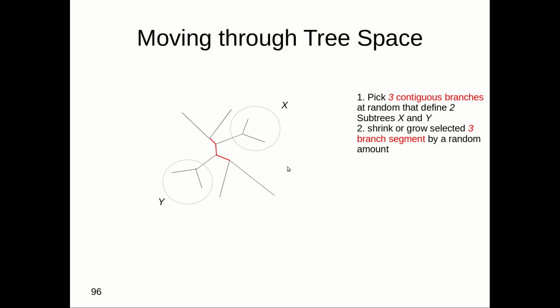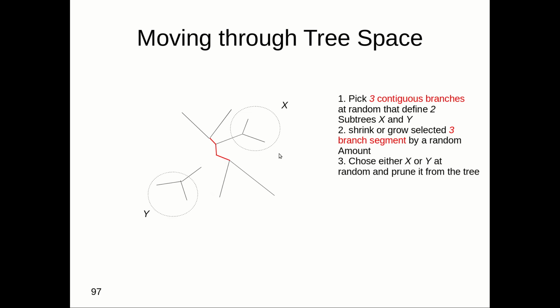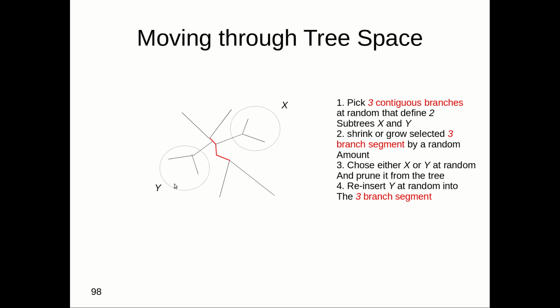Then you shrink or grow the selected 3-branch segment by a random amount. So you multiply each branch with the same fixed number, and then you choose either subtree X or subtree Y. We've chosen subtree Y in our example here, and prune it from the tree topology. And then you take subtree Y again and insert it at a random position into the 3-branch segment again.